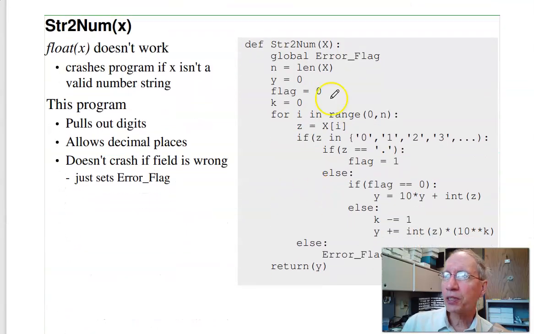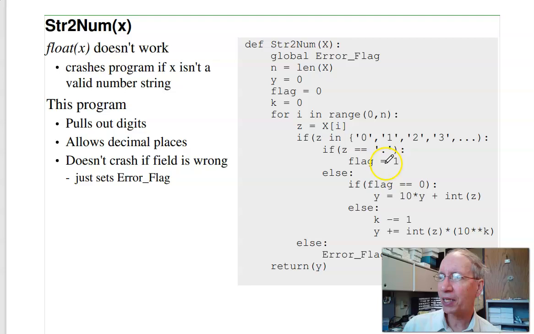The string to number routine is this guy. This isn't the world's best coding, but it works. It basically says, the ASCII character that you're sending it, is it 0 through 9 or a decimal point? If it's not, you got an error, it's an invalid message. If it is, I'll check to see if it's a decimal point.